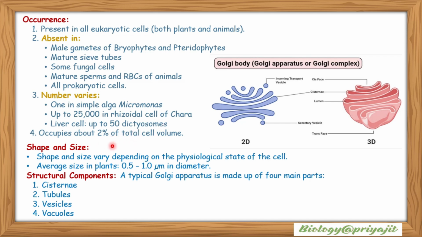Shape and size vary depending on the physiological state of the cell. Average size in plants is between 0.5 to 1 micrometer in diameter. The structural components: a typical Golgi apparatus is made up of four main parts: cisternae, tubules, vesicles and vacuoles.